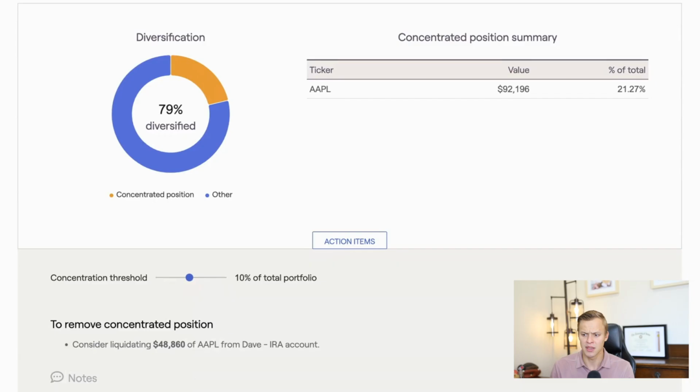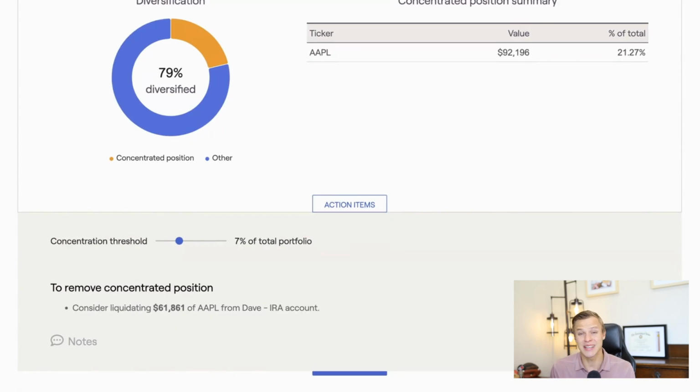Now, if we say, hey, you know what, 10% is too much. We actually want to shoot for 7%. And as we can see here, we should consider liquidating $61,861 of this position.